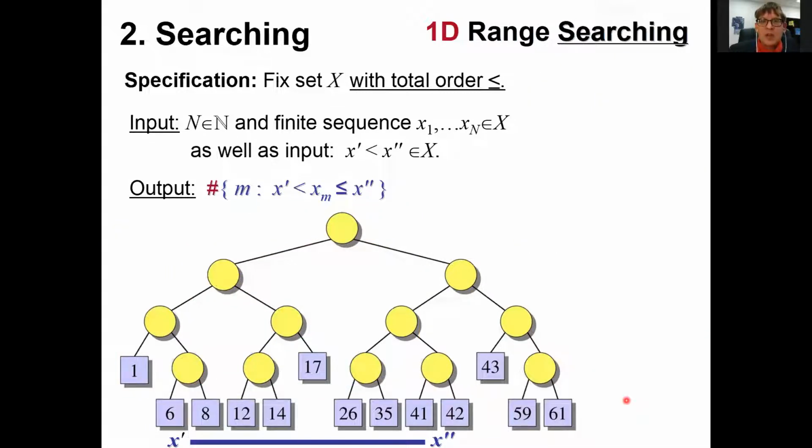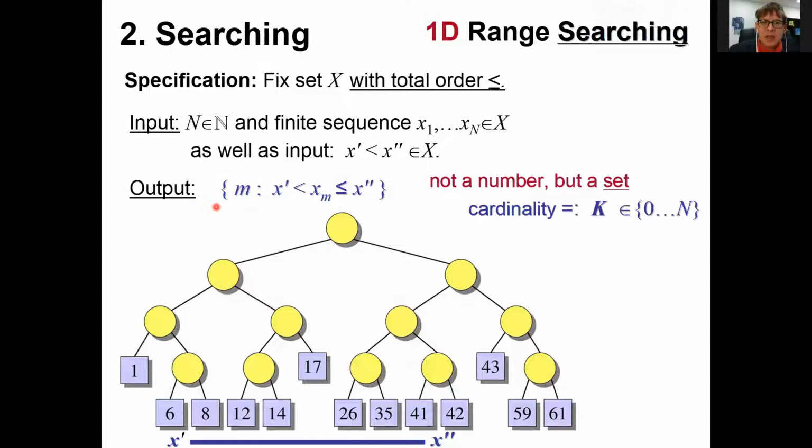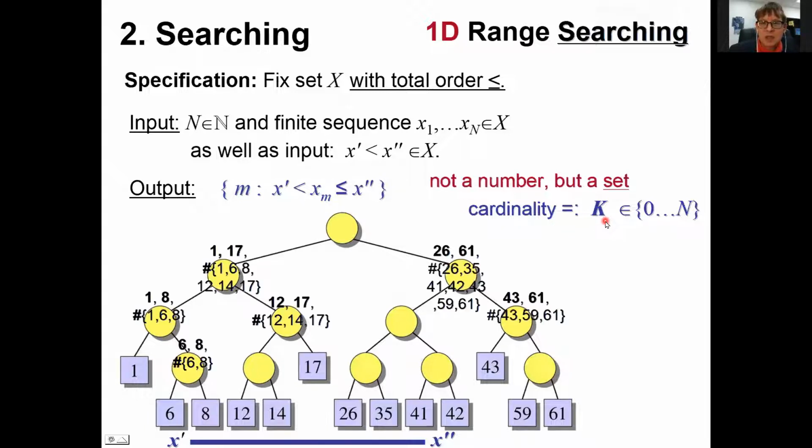There's also the variant, range searching, where we're not asking for the number of elements in that range, but for the elements themselves. And obviously, if that number can be large, much larger than log n, we cannot expect this algorithm to run in logarithmic or any sublinear time, but the time will always be at least as large as the number of elements returned, which we denoted by k in the previous slides.